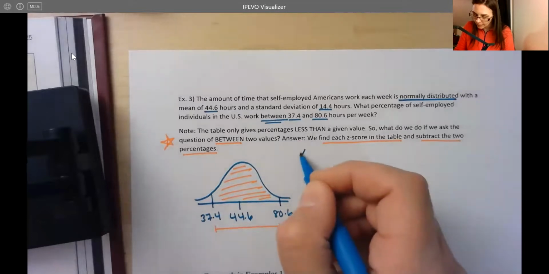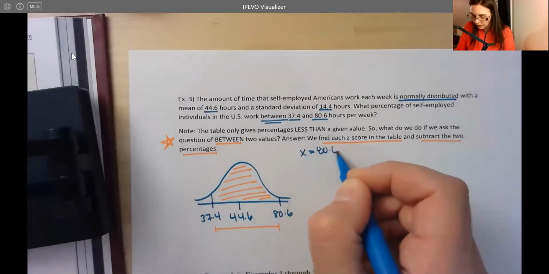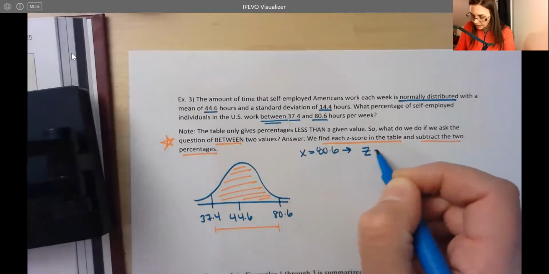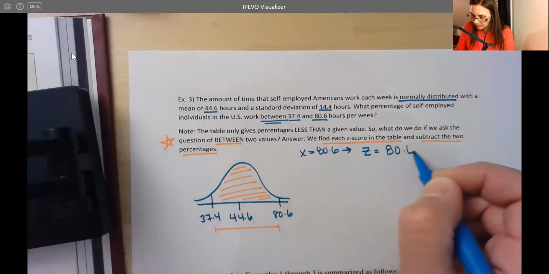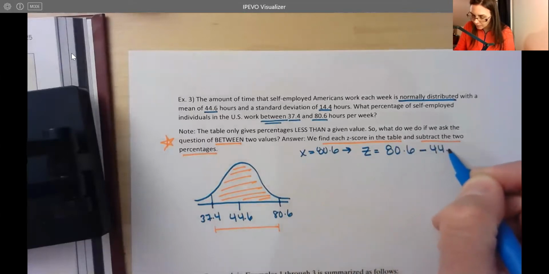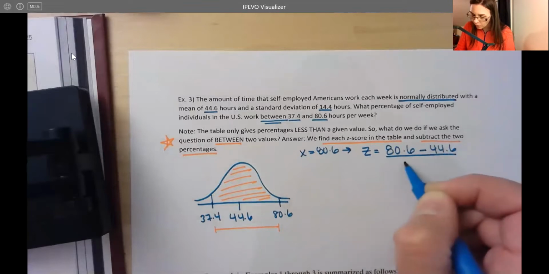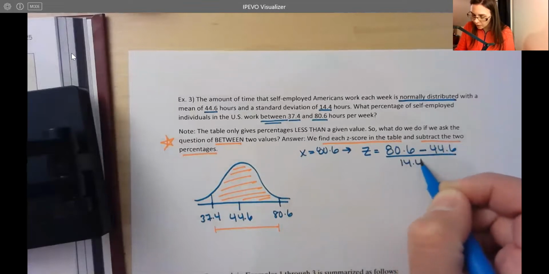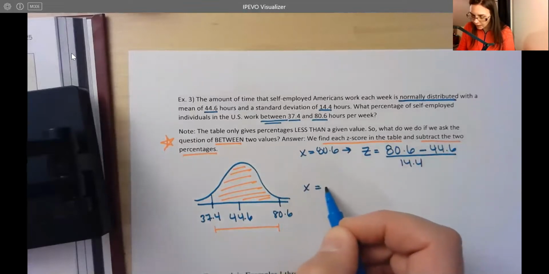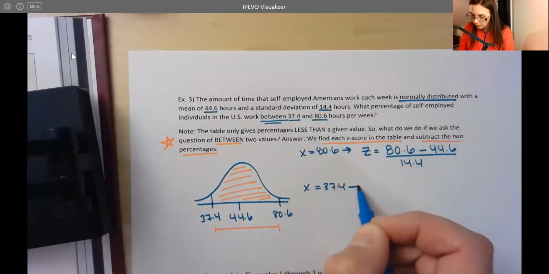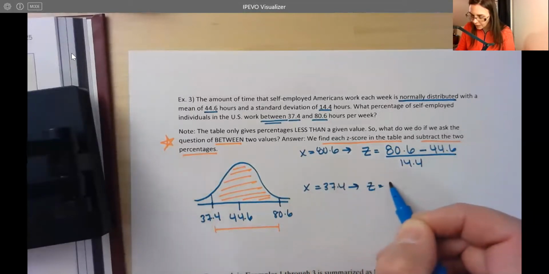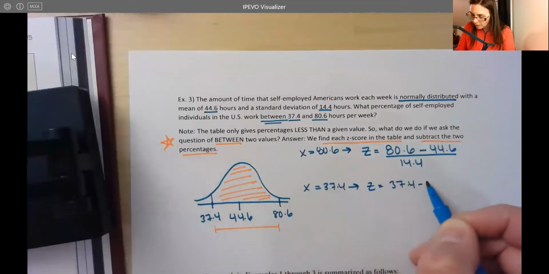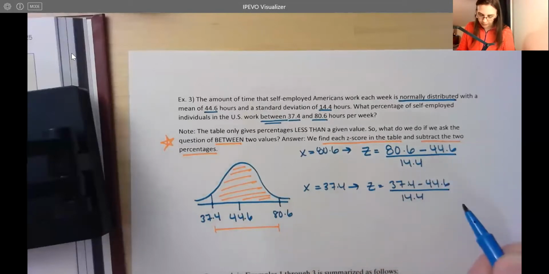So we'll do x equals 80.6 first. I get z equals 80.6 minus my mean over the 14.4. And then for the other one, I have 37.4 minus 44.6 over 14.4.